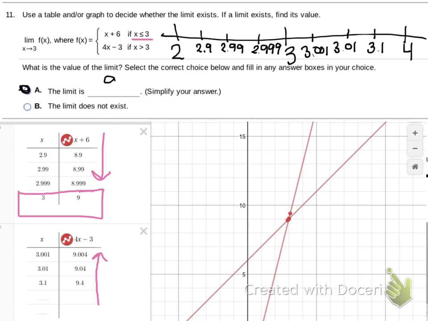Now let's look graphically. For those of you continuing on to calculus, either next year at your high school or in college, piecewise functions only exist where they're defined. So let me do this. Whoops, too thick.